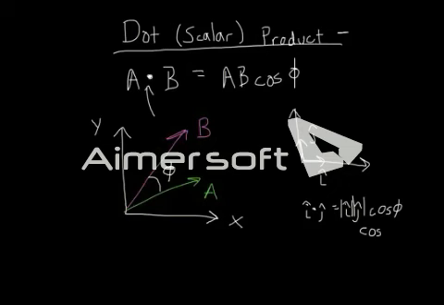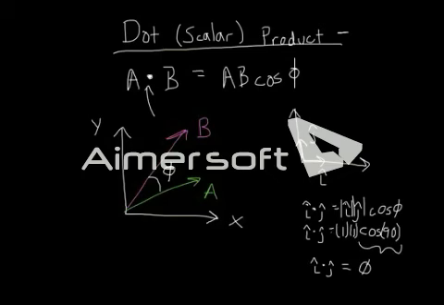Cosine of 90. The magnitude of i is 1. The magnitude of j is 1. So i dot j is equal to 1 times 1 times cosine of 90. Cosine of 90 is 0. So i dot j is equal to 0.